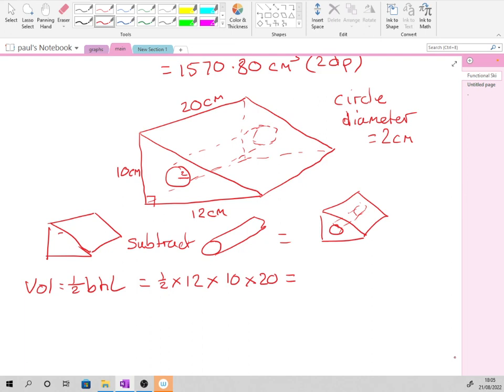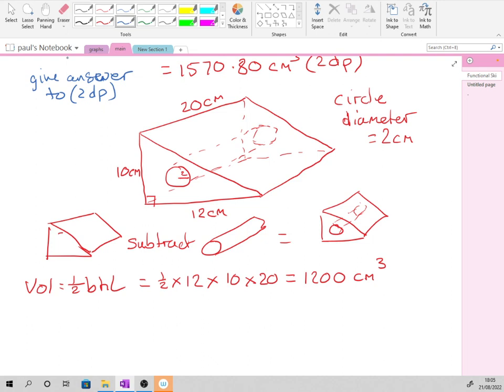So 0.5 times 12 times 10 times 20 equals a lovely healthy 1200 centimeters cubed. Now, give answer to two decimal places, okay?